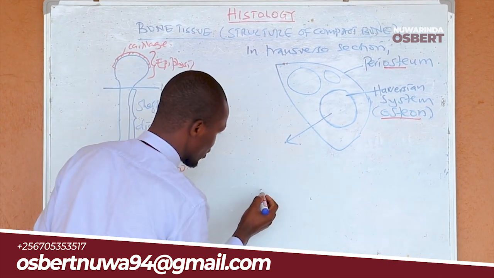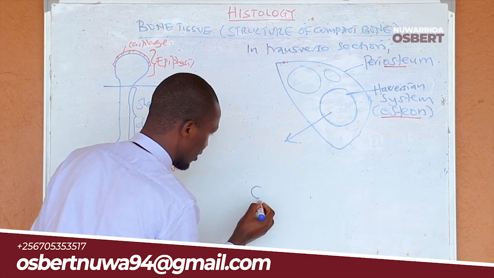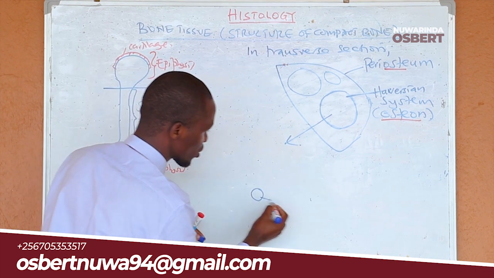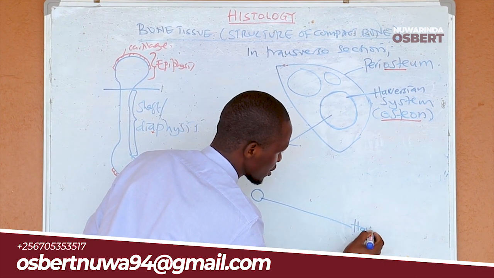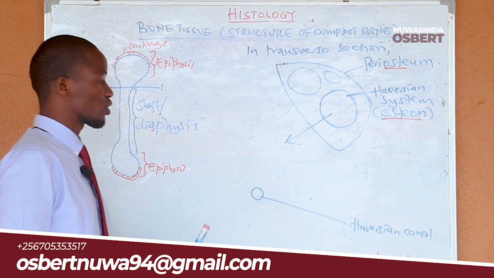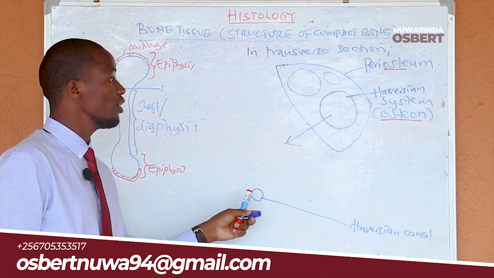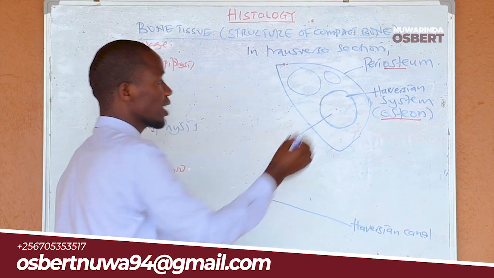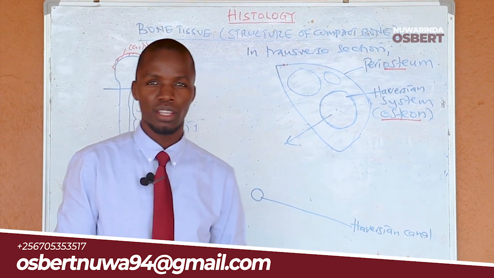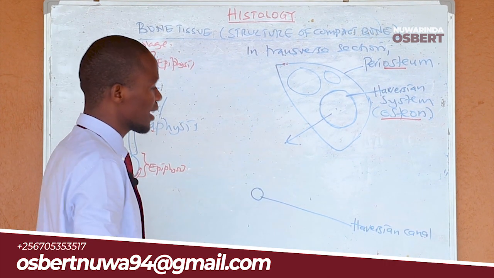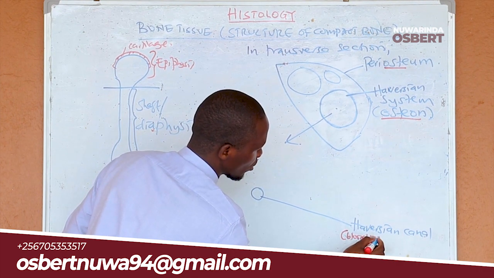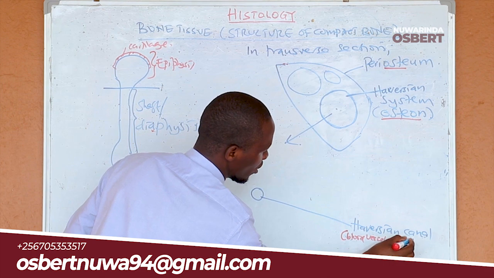Each Haversian system has got a canal in the middle there, and this canal is called the Haversian canal. It is at the center here, and this canal is like a tube. Its importance is that this canal contains blood vessels, it contains nerves, and so on.